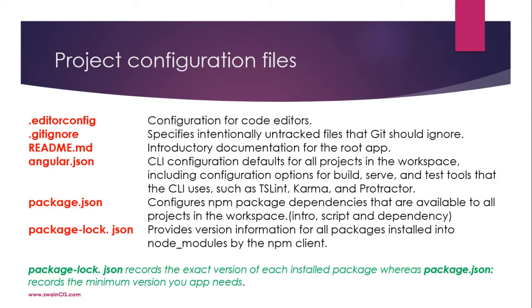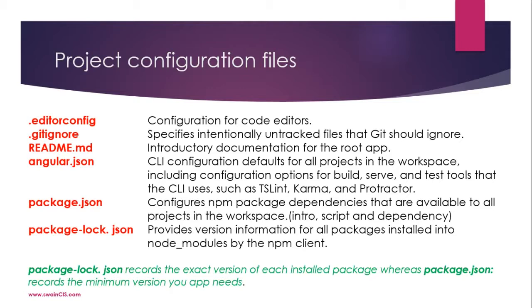One is your application introduction, second is the scripts. The scripts contain commands like ng test and ng build. Then the dependencies contain two types. One is normal dependencies, another is dev dependencies, which you need while developing your application, as opposed to the dependencies you want for deployment.